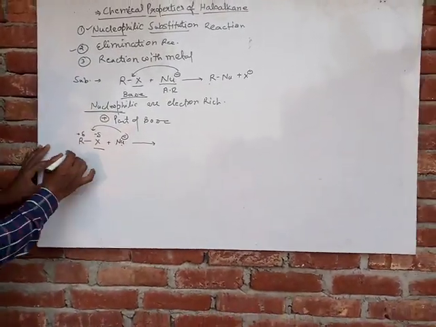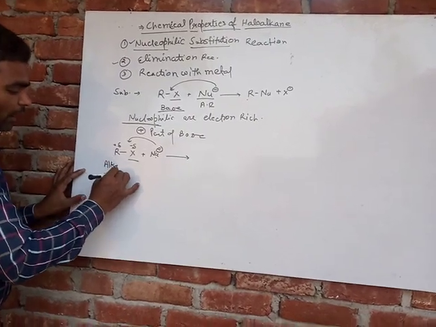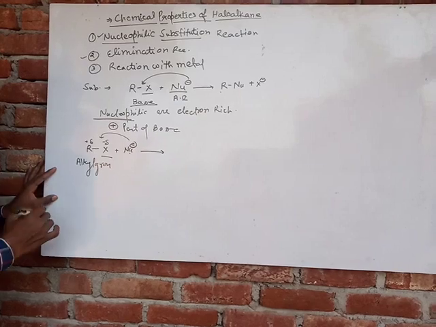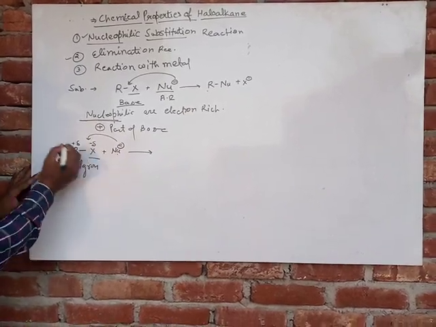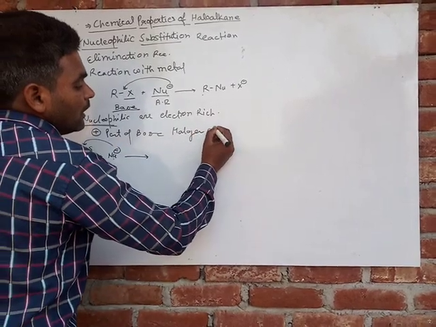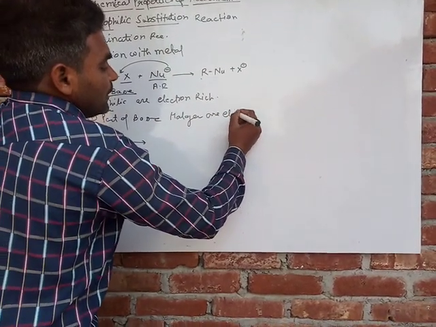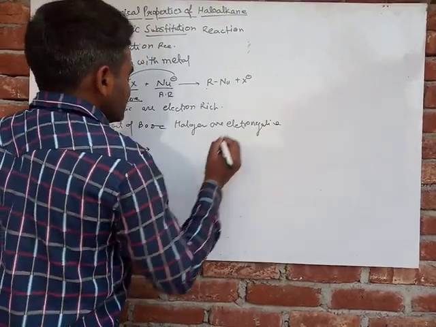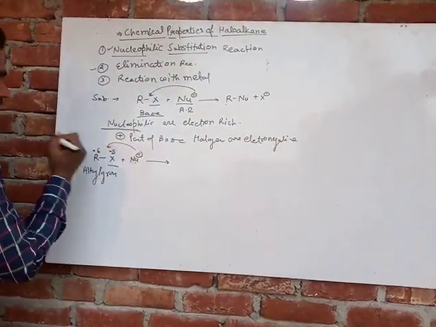Here R is the alkyl group, and X is the halogen. Halogens are electronegative, and they become partial negative charge.